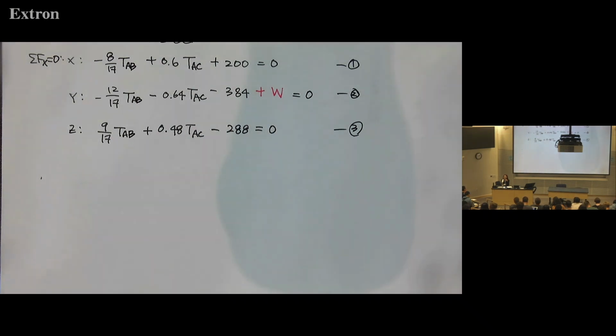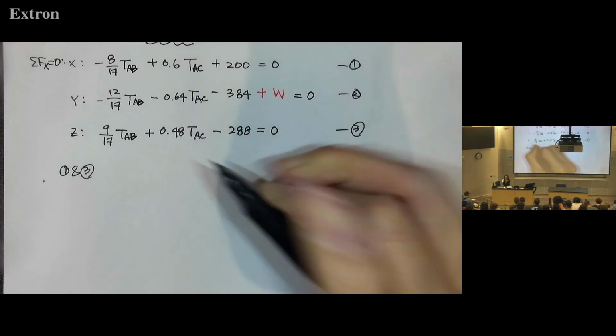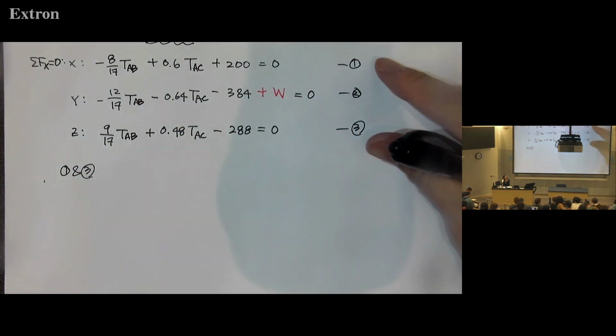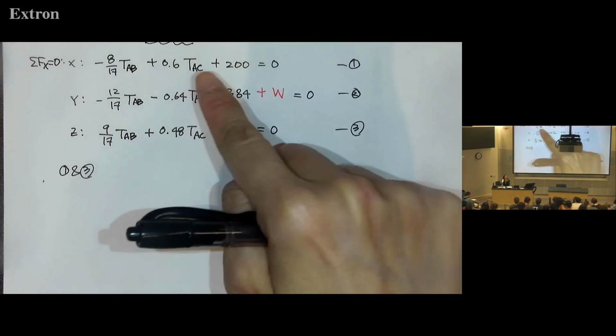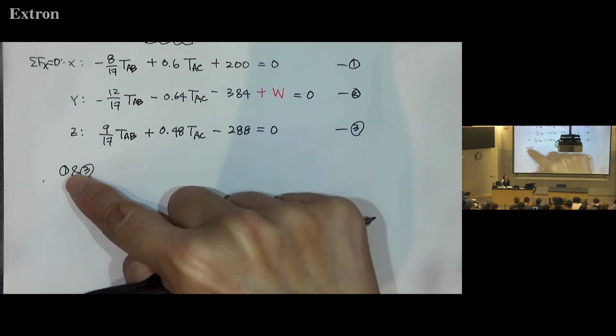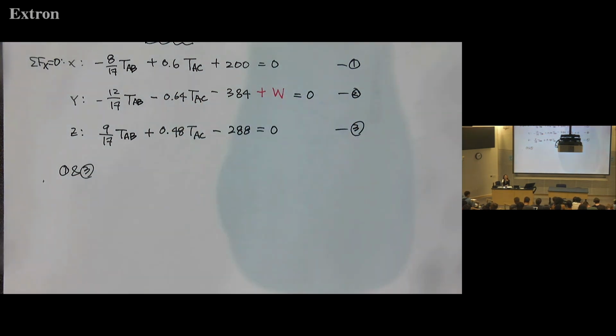So 3 equations, 3 variables, linear equations, we can solve it, right? So I would solve 1 and 3 first, because 1 and 3 have only 2 variables, TAB and TAC, right? And then you can find TAB and TAC, and then substitute this number here and here to find W, okay?